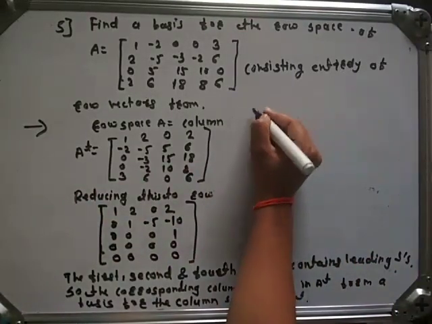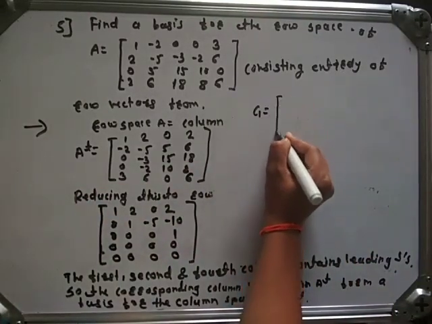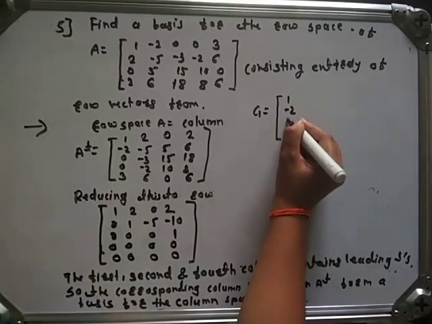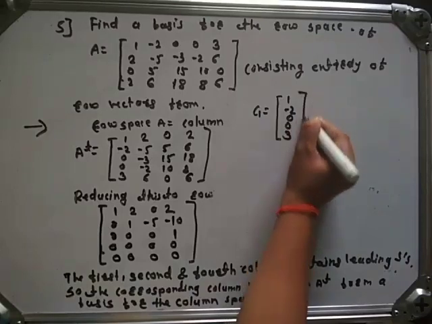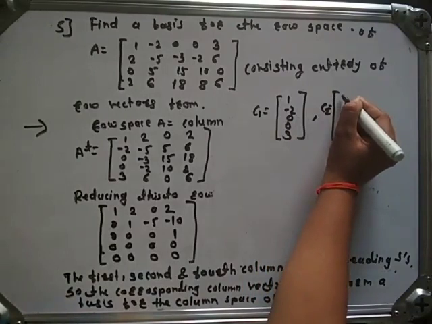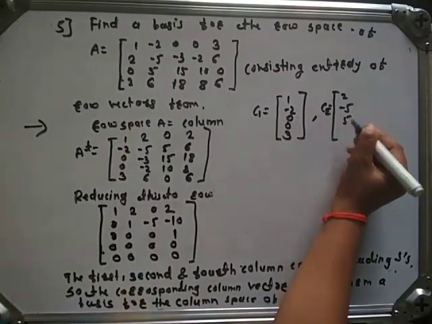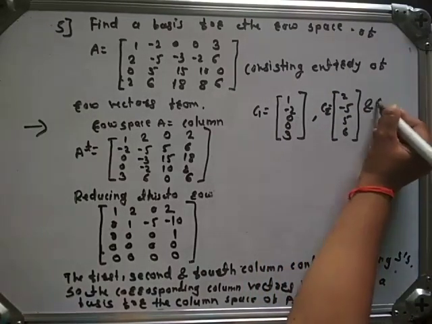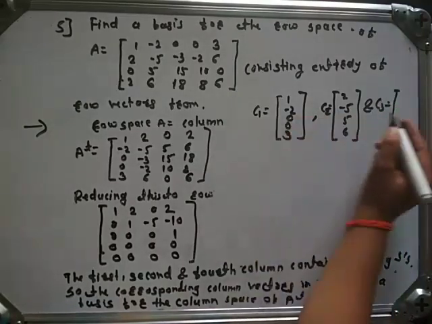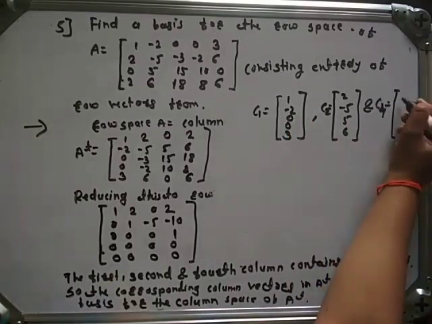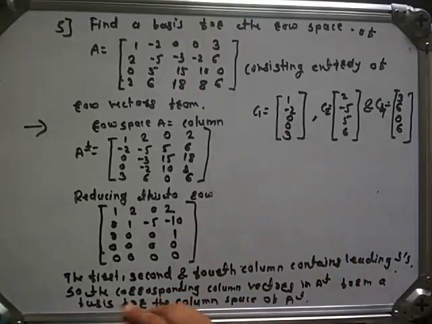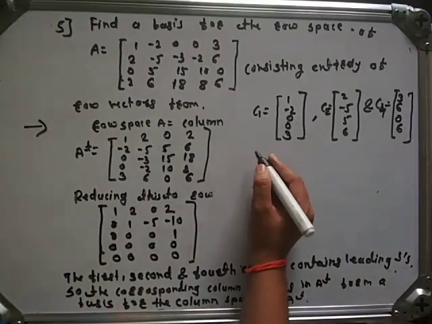Therefore C1 is equal to 1, minus 2, 0, 0, 3. C2 is equal to 2, minus 5, 5, 6, and C4 is 3, 6, 0, 6. Transposing again.